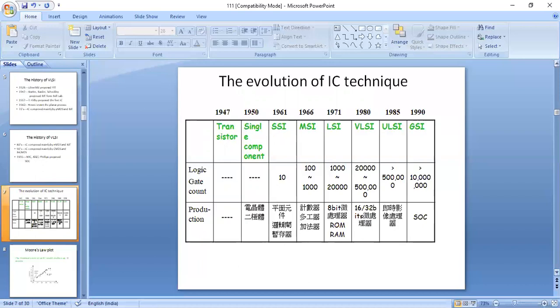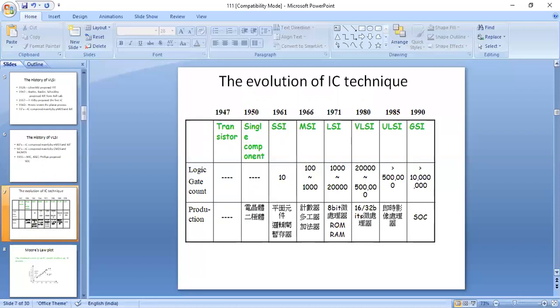So that is a good example, the 74 series of logic chips. Next we'll move into MSI. MSI means medium scale integration. This was introduced in the year 1966.